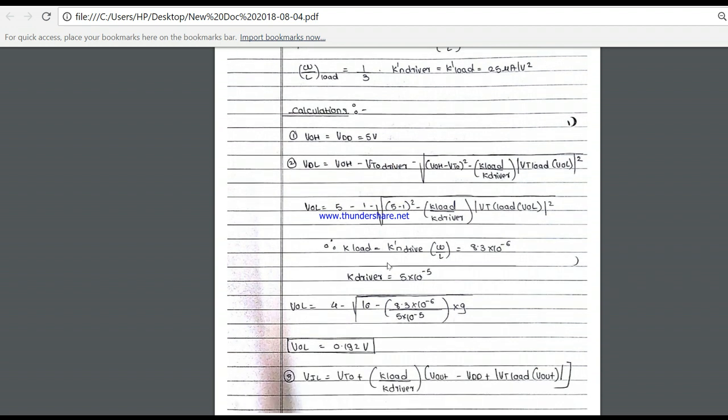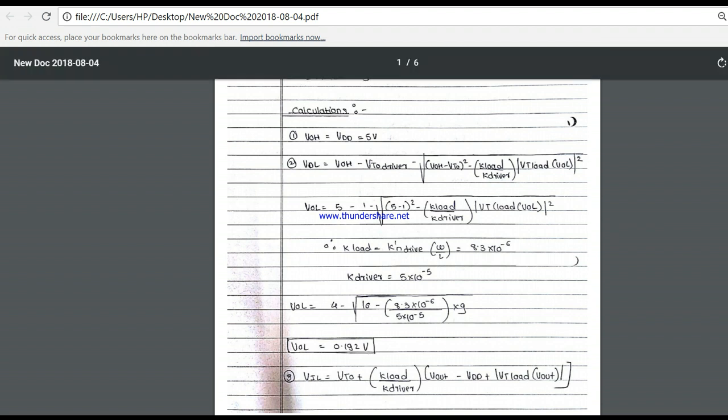To find K load, that is K' times W/L of load, we get 8.3 times 10 raised to minus 6. Similarly for K driver, that is K' times W/L of driver, we get 5 times 10 raised to minus 5. On the basis of this, VOL is 0.192 volt.